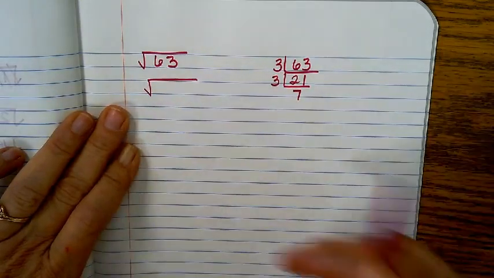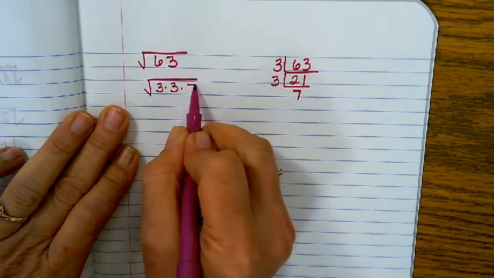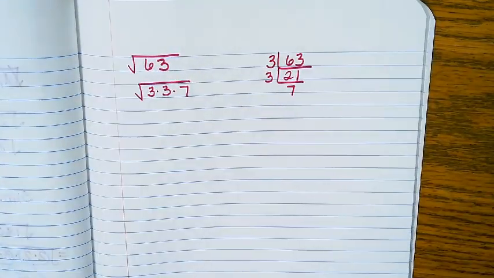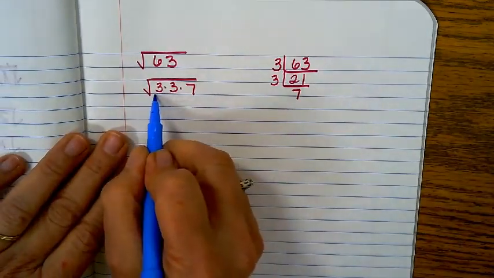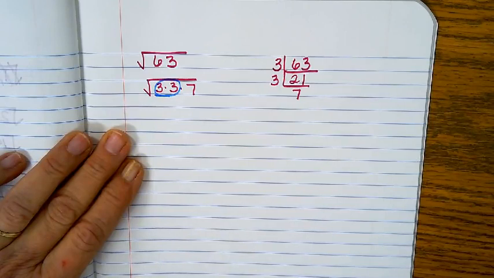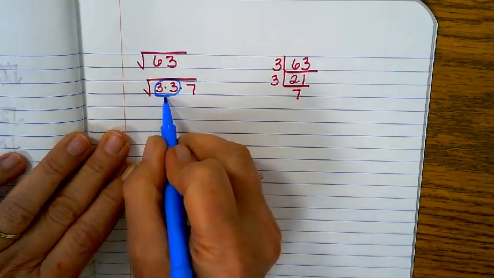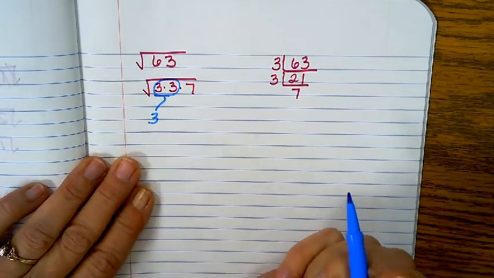So I get 3 times 3 times 7. Are there any pairs? There's one pair of 3s. So we're going to pull out a 3 because we're taking the square root of 9. That 7 stays underneath.